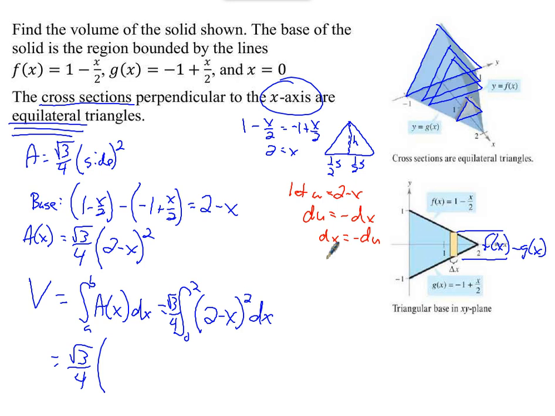So we have the integral of u squared du with a negative out front. So this becomes negative u to the third over 3. Now we can go back and we have negative, so I'll put the negative sign out front, u, 2 minus x to the third over 3. We're going from 0 to 2.